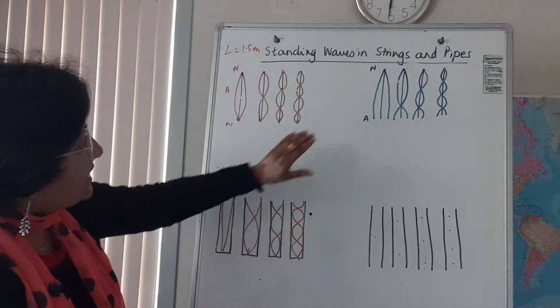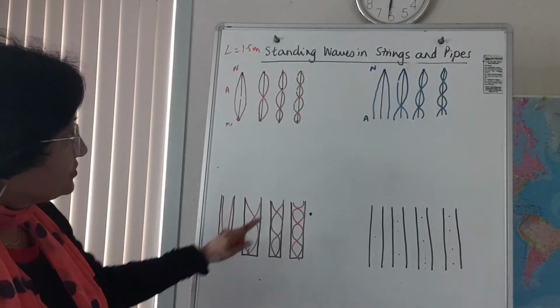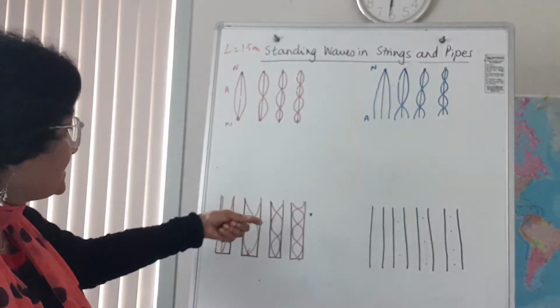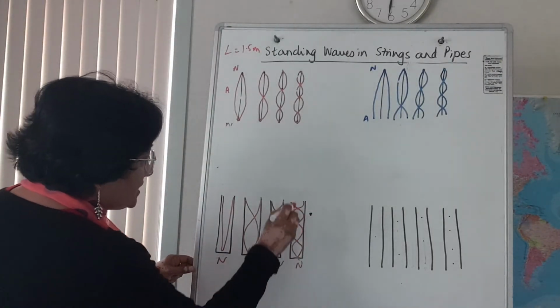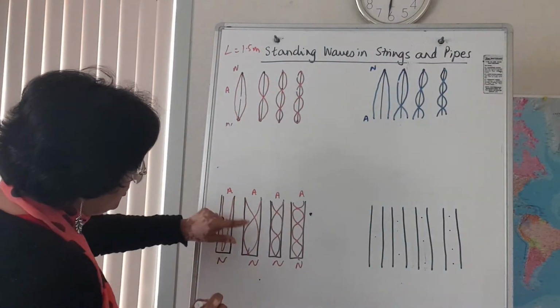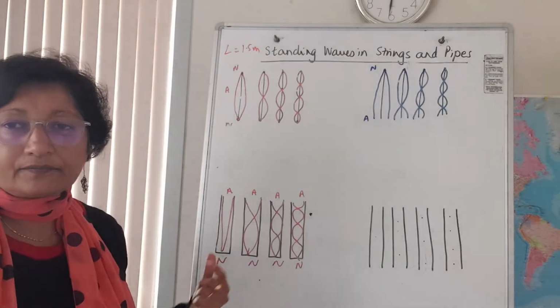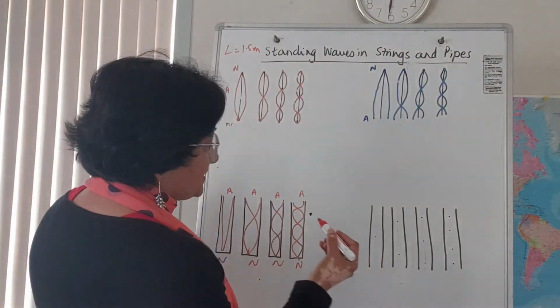So this one and that one's identical, only the other way around. And you calculate the wavelength the exact same way. So remember, nodes are there at the ends. You've got your antinodes at the top and additional nodes and antinodes depending on the shape.